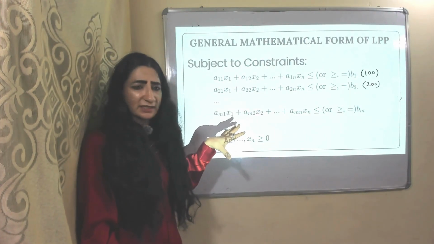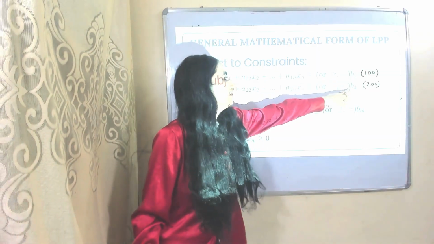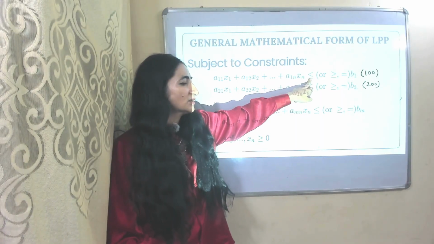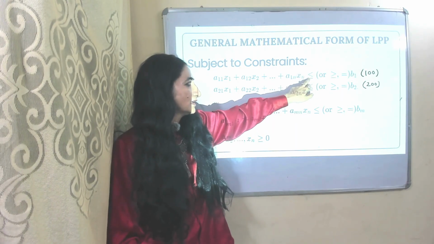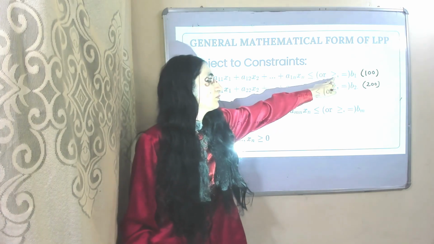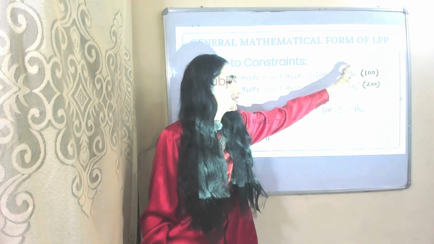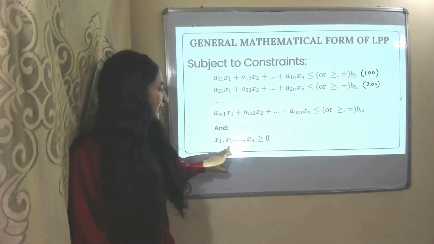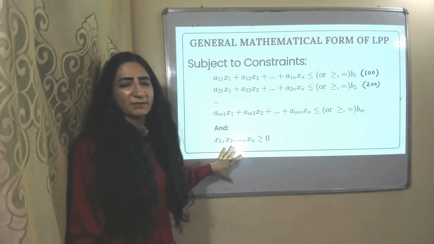Similarly you can see in other cases. B1 and B2 are our total capacity, and this sign represents we have resources less than or equal to 100, or more than or equal to 100, or just equal to 100, means B1, B2 represent our total capacity, and this represents our decision variables cannot be negative.